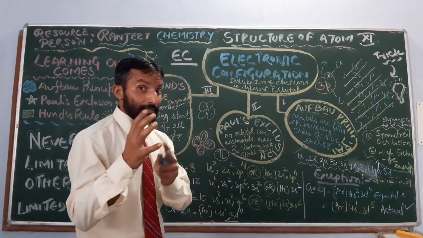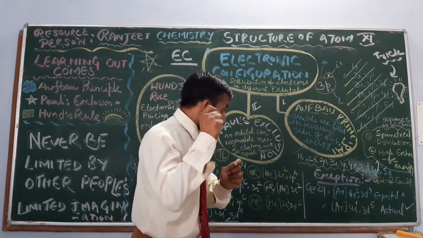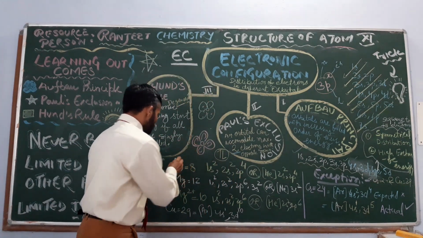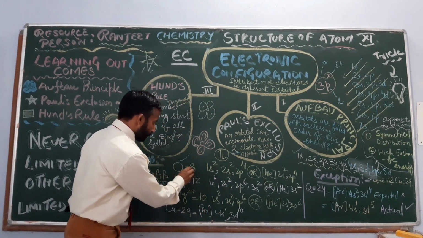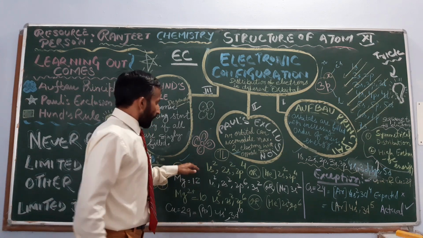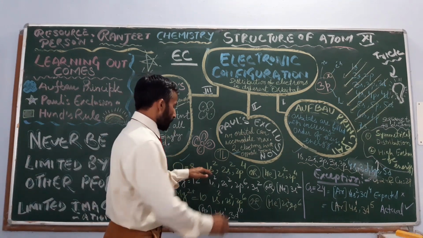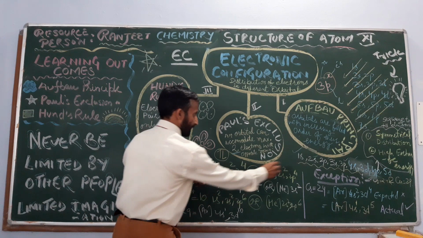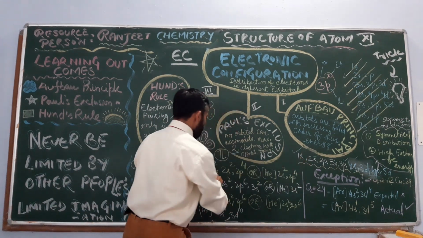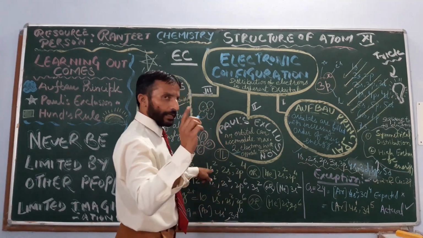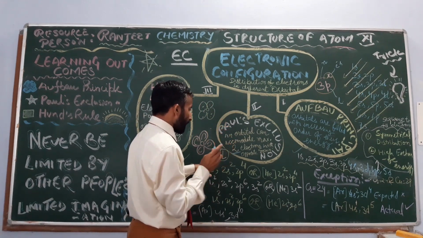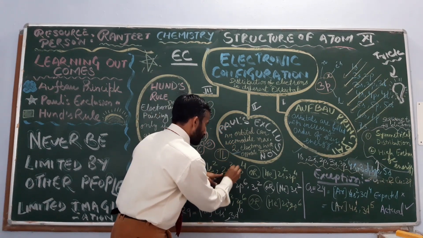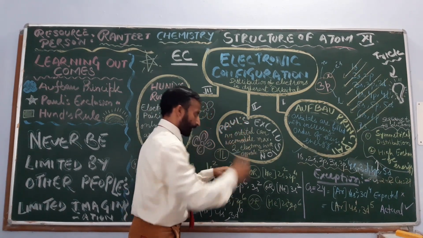Let us take an example to clear our concept. I will write the electronic configuration for oxygen, atomic number 8. It is written as 1s2, as you know the maximum is 2 electrons, then 2s2, 2p4.